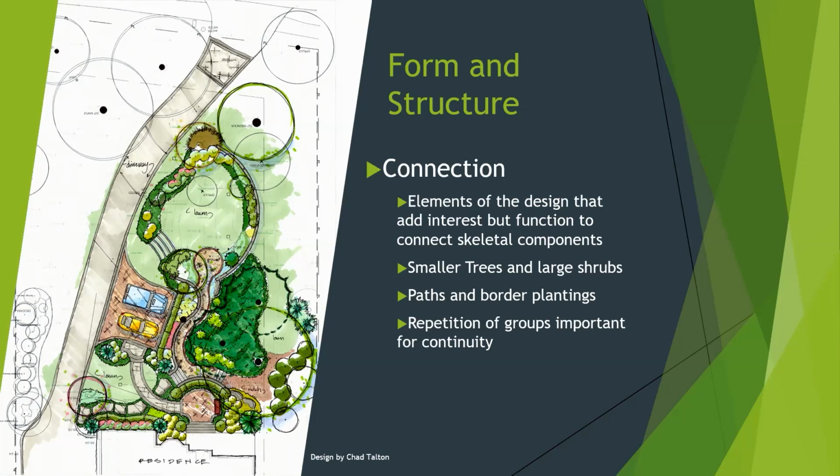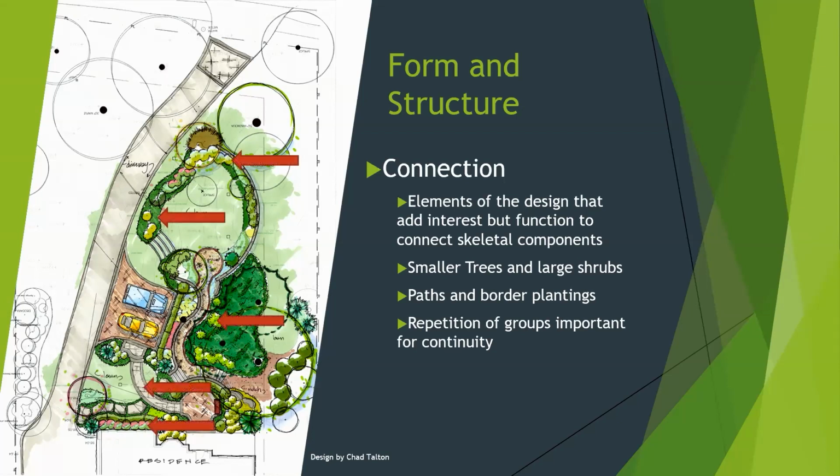Usually they're smaller trees, large shrubs, paths and border plantings along those paths are a nice way to use this, but this is really what is moving you through your design. Are these elements. And you want to use these in repetitions of groups, just so that you have good continuity in your design and a good movement throughout your design.